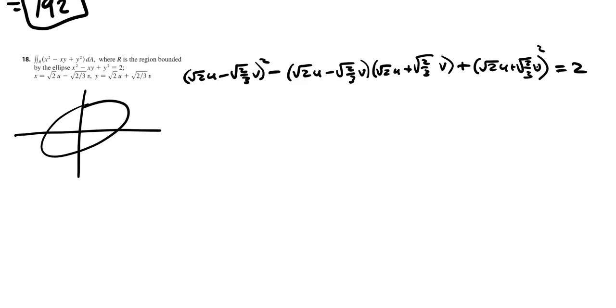All right, so here you have it. When you square this out, you get 2u squared minus 4/3 uv plus 2/3 v squared.